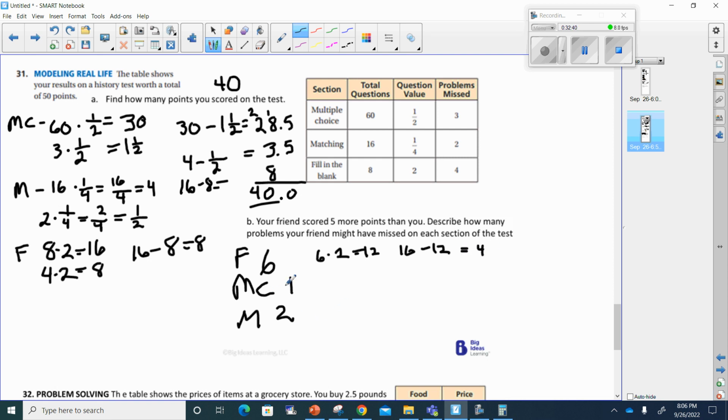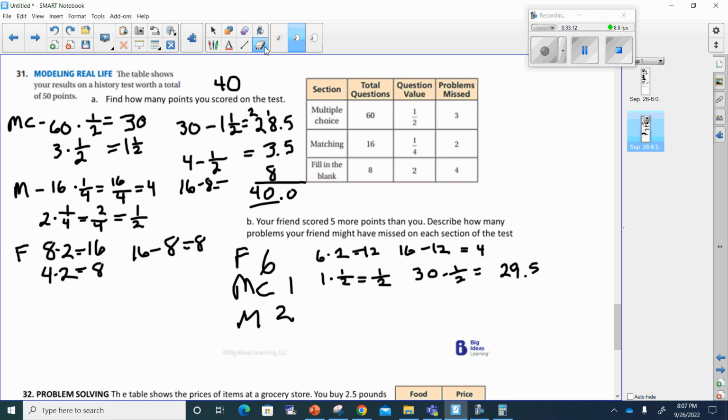For multiple choice, if you had missed just 1, remember they're each 1/2, that would equal 1/2. And then remember this was 30. 30 minus 1/2 would have given me 29.5. So now I have 4.